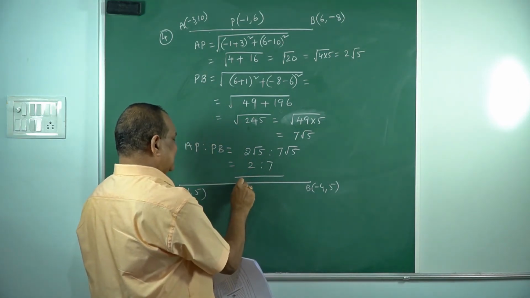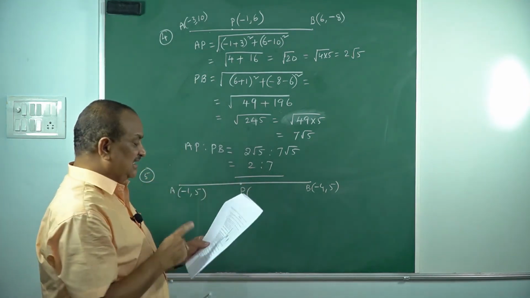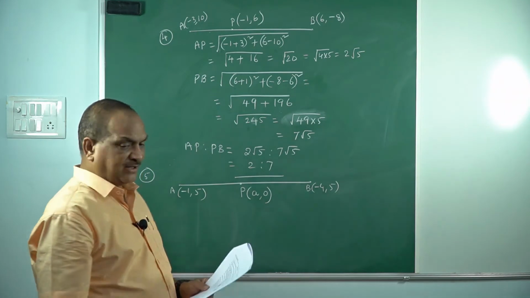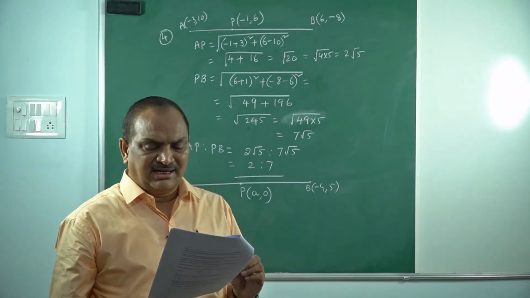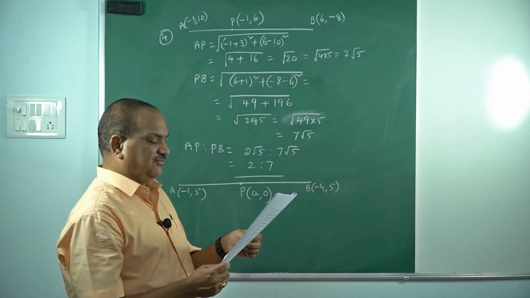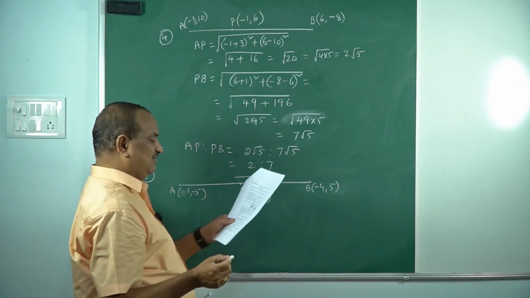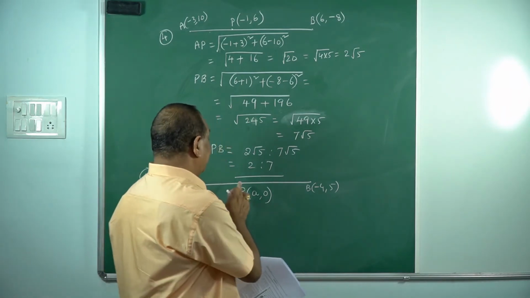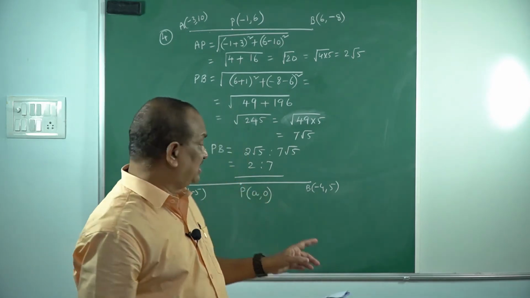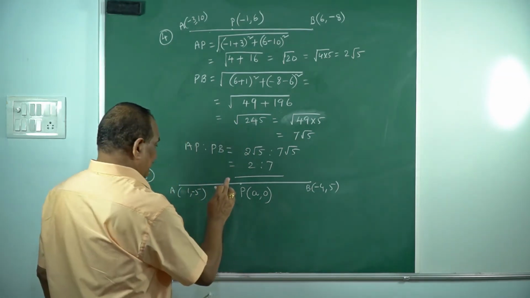Let us say the x-axis at P. P is on the x-axis, that is what you are given. If it is on the x-axis, the y-coordinate will be 0. It is divided by the x-axis, and the corresponding point is P, and because this is a point on the x-axis, I have taken y coordinate 0. Let us now see how we get this P.